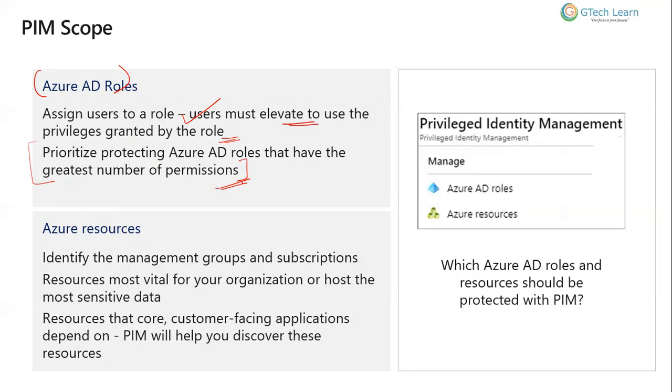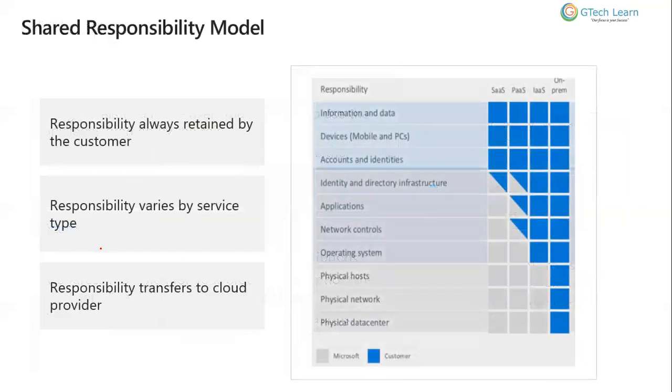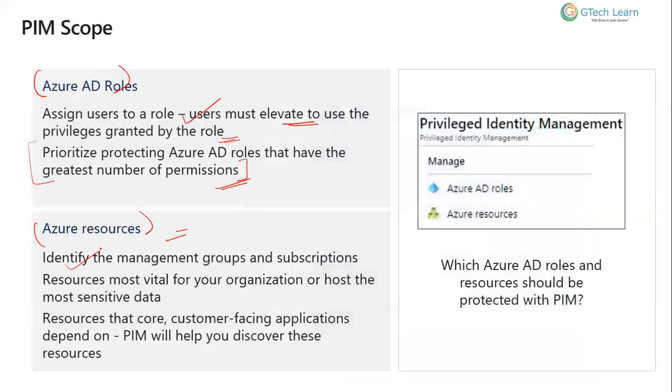And we can also configure Privileged Identity Management for Azure resources, which covers management for groups, management for subscriptions, and the Azure resources themselves. So that is the scope of Privileged Identity Management, where we can configure that specific thing. That is all related to the PIM scope.